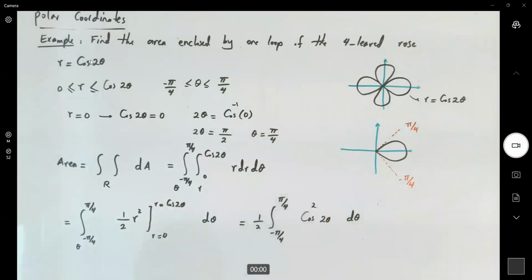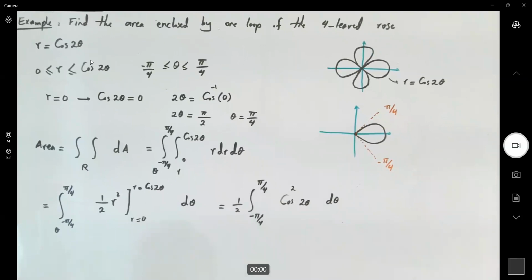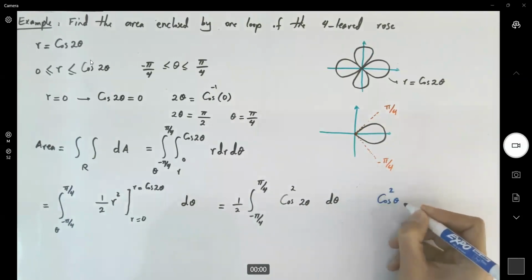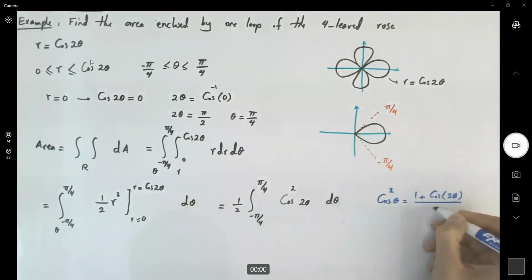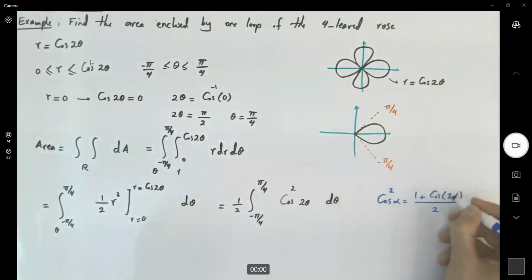Here you have cosine squared. We have to reduce the power, otherwise it's going to be very difficult to take the integral. Recall that cosine squared of theta is equal to 1 plus cosine 2 theta divided by 2. Or you can just use alpha to avoid any confusion with theta.